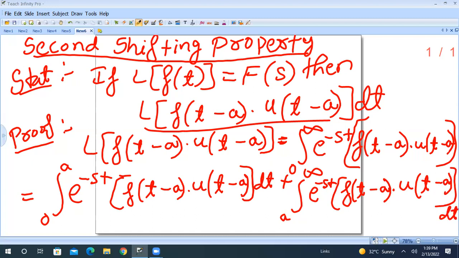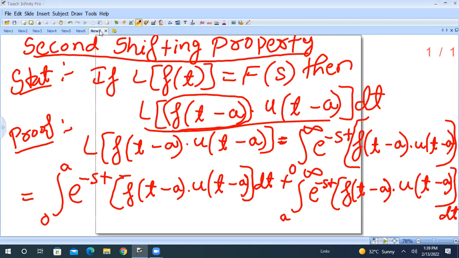We split these terms into 0 to a and a to infinity because u of t minus a is multiplied with f of t minus a. So we have split it into two parts. The unit step function is denoted from 0 to a in one and from a onward in the other. Next, look, I think we will observe this.